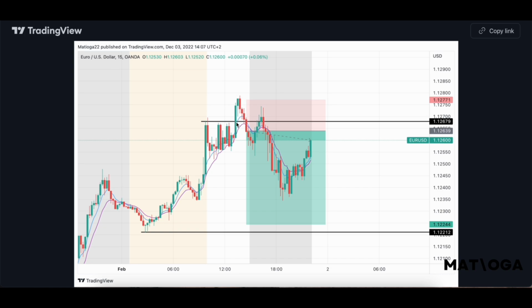We need a retest, continuation, or rejection. We had a retest and we had a rejection candle, a valid in a way short candle, but eventually it went a bit up, a bit down, coming pretty close to our take profit, but eventually reversing back above, and by the end of the US session we had to manually close it.